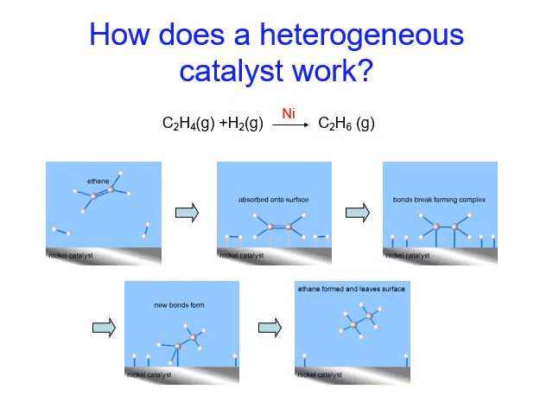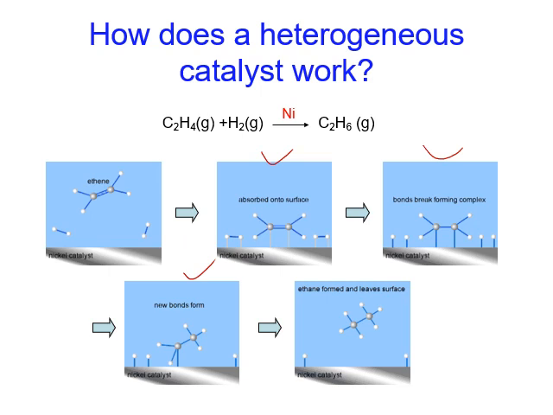Heterogeneous catalysts that catalyze chemical reactions usually undergo the following steps. First, the gas molecules are physically adsorbed onto the surface. These molecules undergo electron rearrangement and become chemically adsorbed. They start to react on the surface and become the product, and the product leaves the surface.